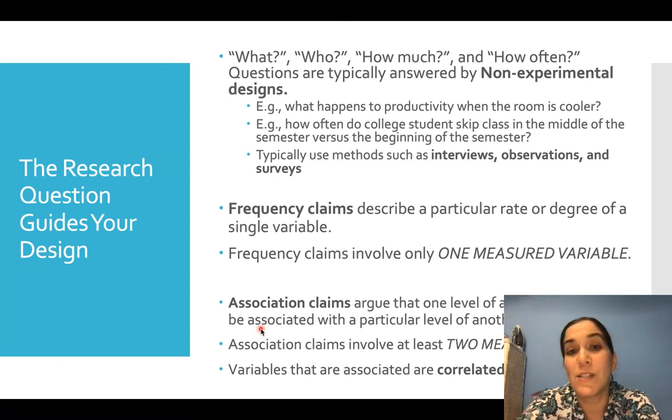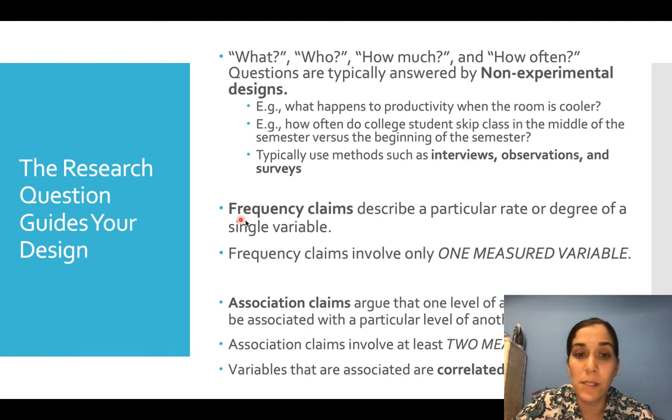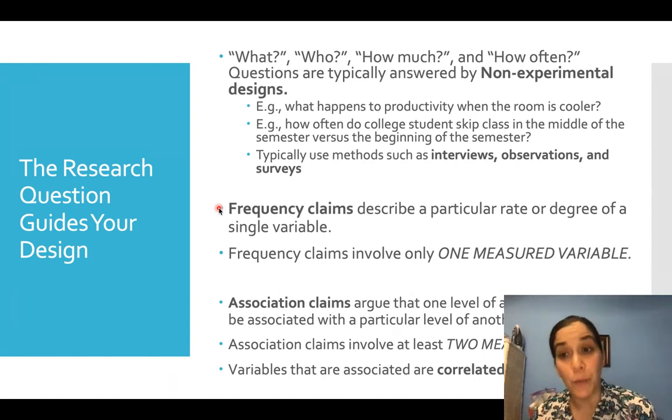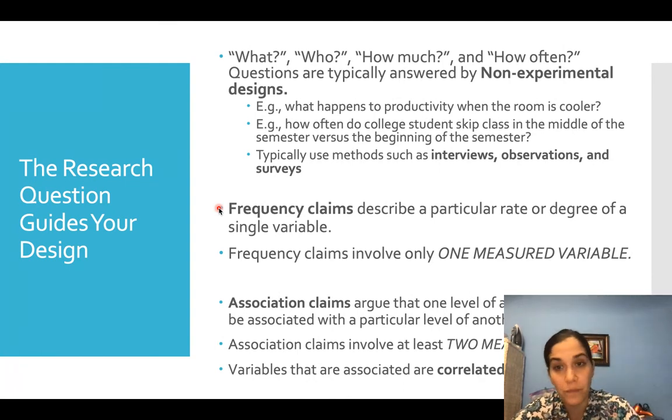Right? So these kinds of questions typically use methods such as interviews, observations, or surveys, and are either frequency claims or association claims. Frequency claims are essentially there to describe a particular rate or frequency, how frequently a behavior occurs, or the degree to which a behavior occurs in your environment. This is always measuring a single variable.